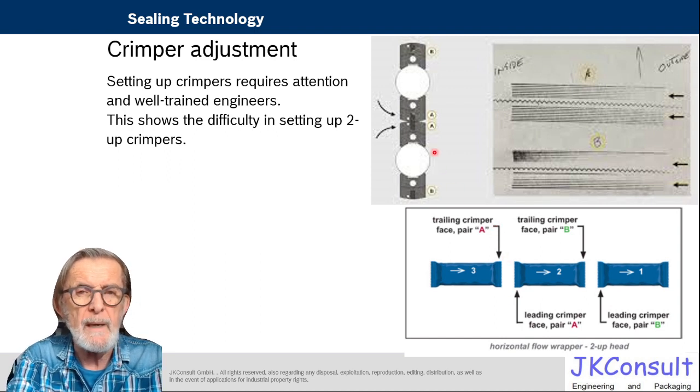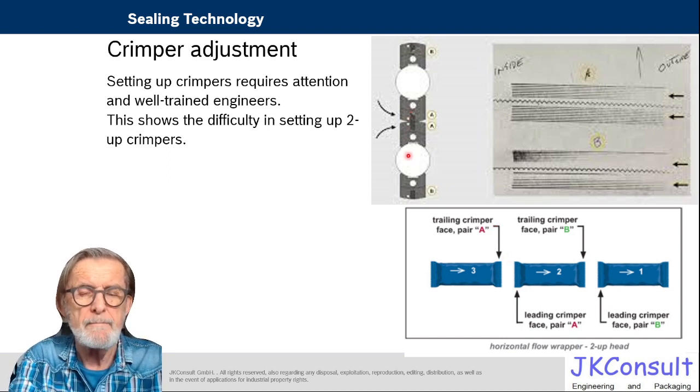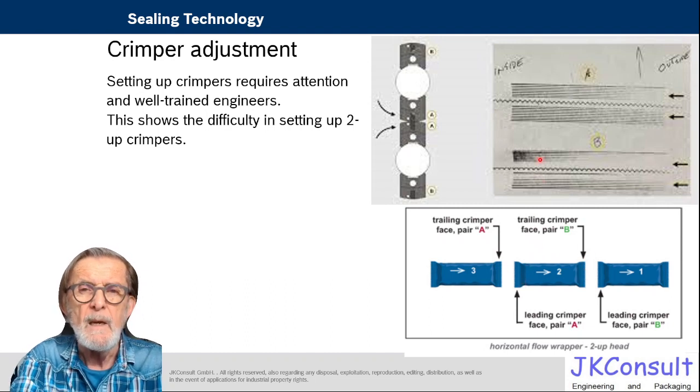Making it more complex is if you have a double crimper. So on this pack, the front seal is made by one crimper and the back is made with another one. And here you see we have 2 tests. This one looks reasonable, although not very good on this side, but this one is not very good.